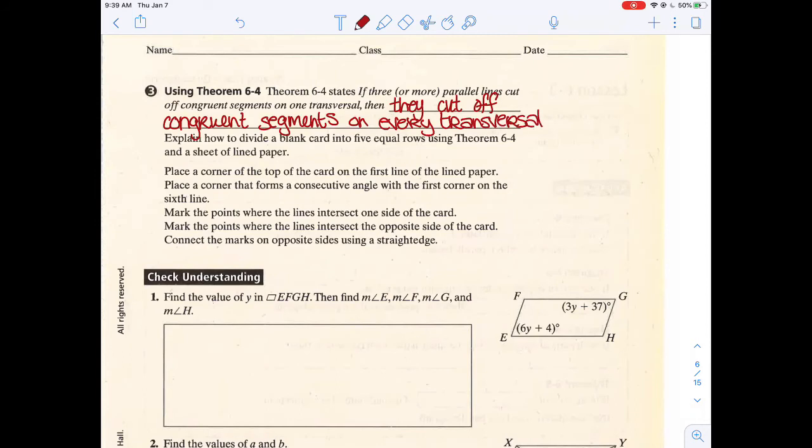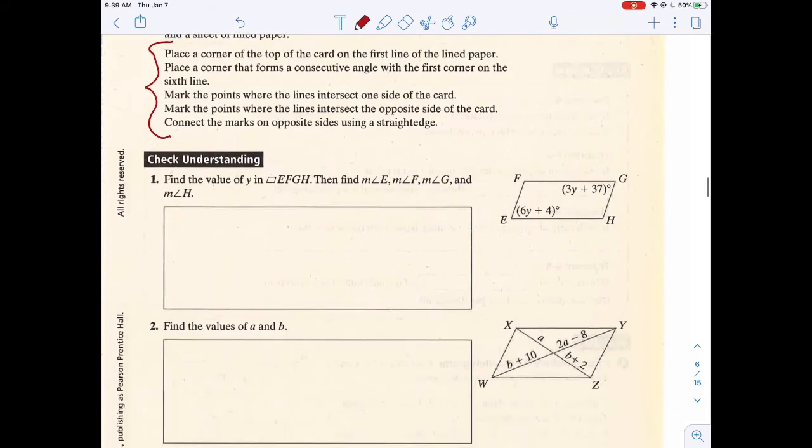Okay, and then there are some instructions to try to fold the blank card into 5 equal rows, and they tell you what to do right here. So if you want to go ahead and try that, you can, but you don't have to. Just make sure you understand what that means to cut off congruent segments on every transversal.